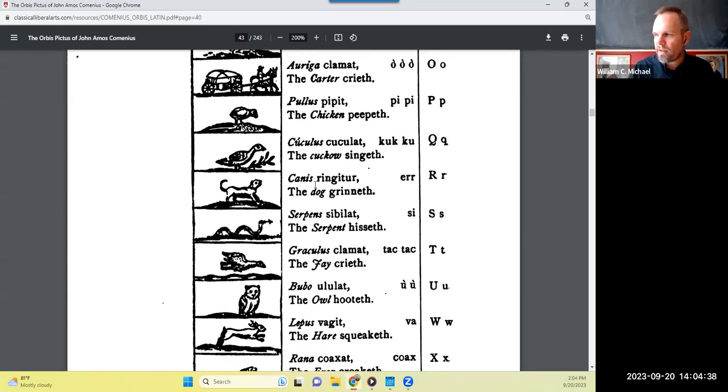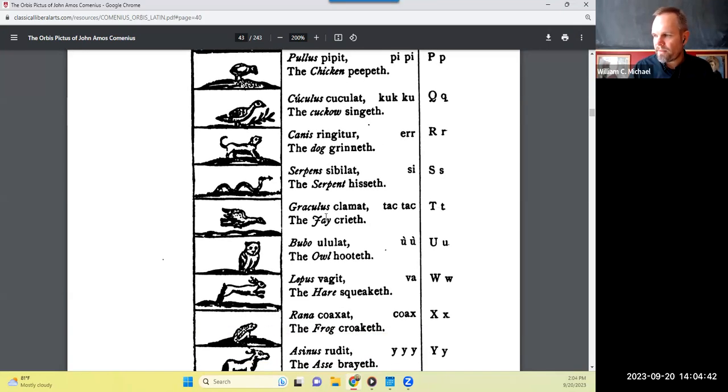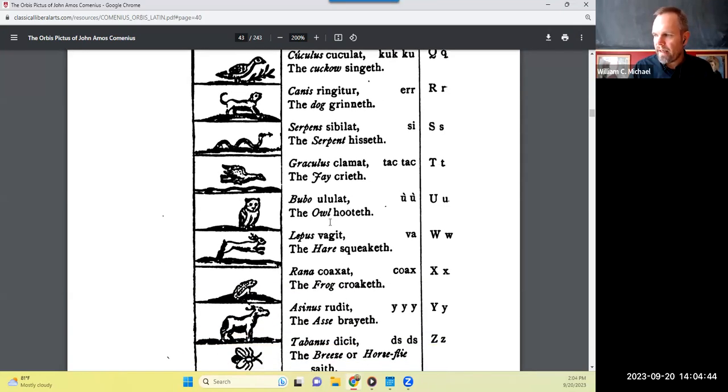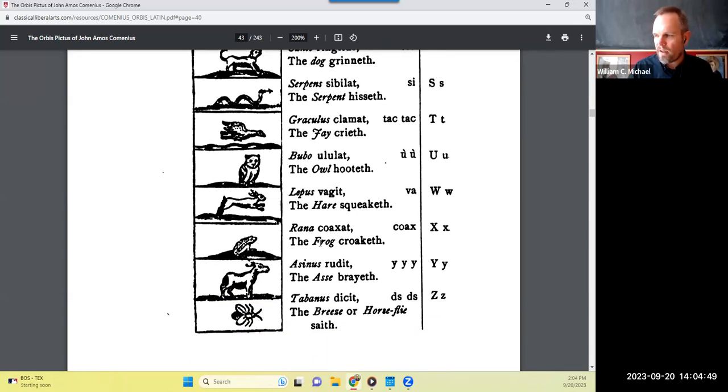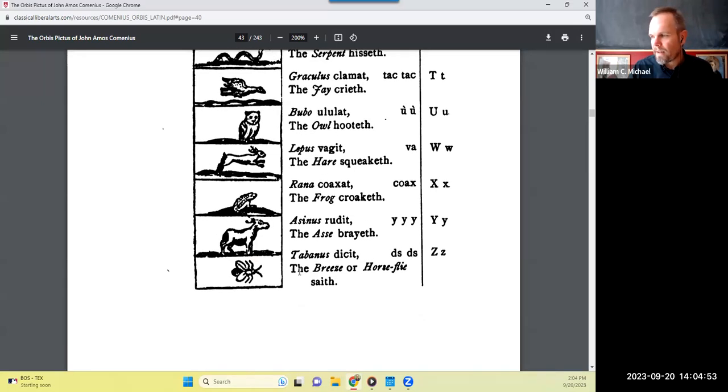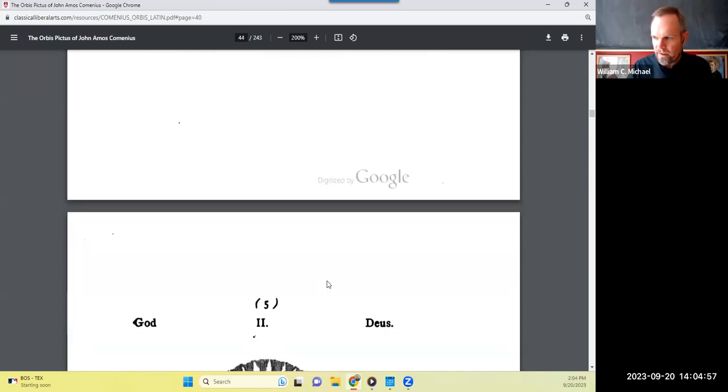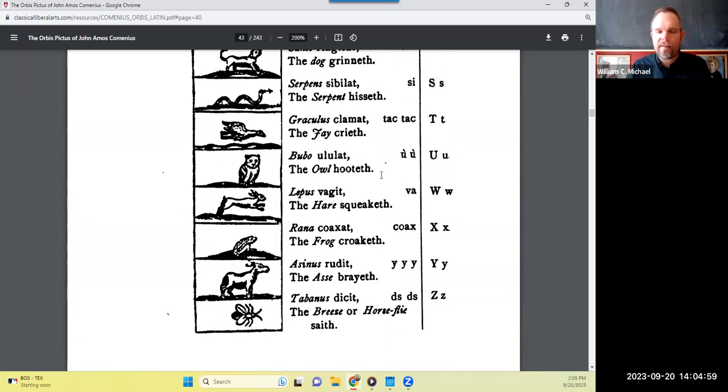That's the name for a chick. Then we've got Canis for dog, Serpens for serpent, Bubo for owl, Lepus for rabbit or hare, Rana for the frog, Asinus for the ass or donkey, Tabanus for the fly, the common annoying horsefly, and all their sounds we learn in that lesson.